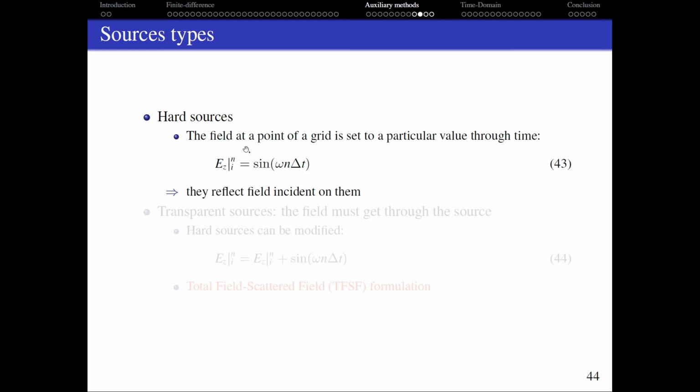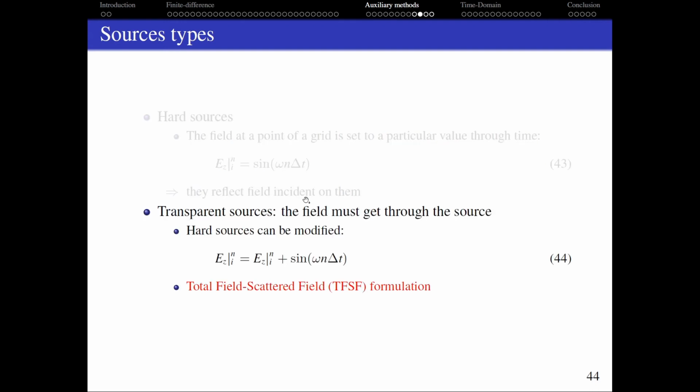Those kinds of sources tend to reflect the field that is going to hit them. And so what is better is to have transparent sources, to have the field go through the sources, and to do so we can modify the previous equation by making it cumulative. And in this case, the FDTD equations are going to be able to propagate field through the source, so this works.